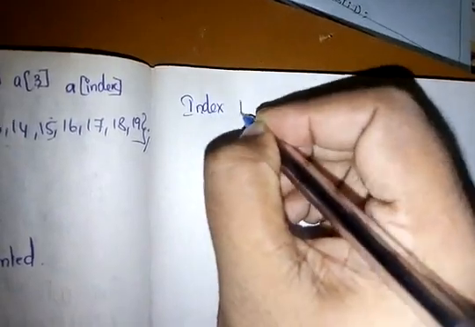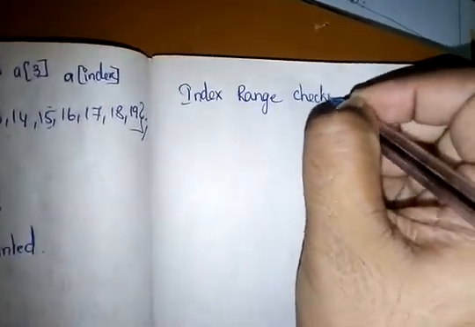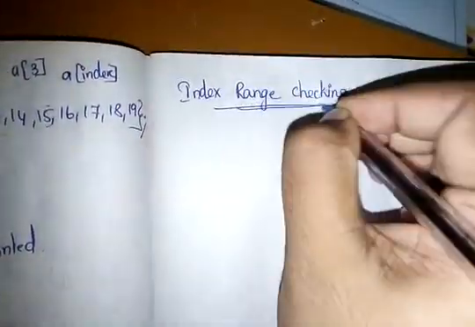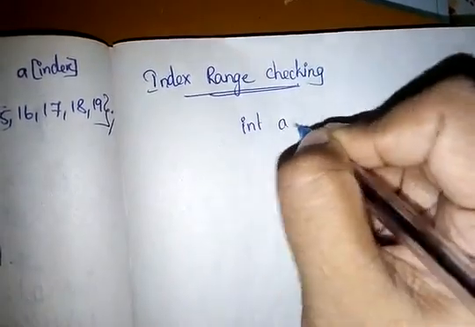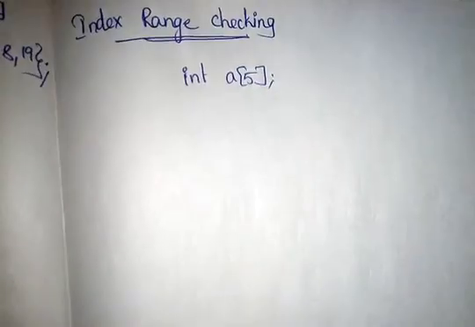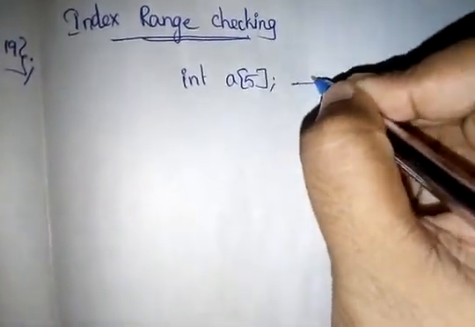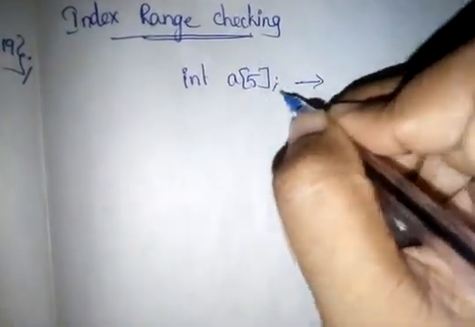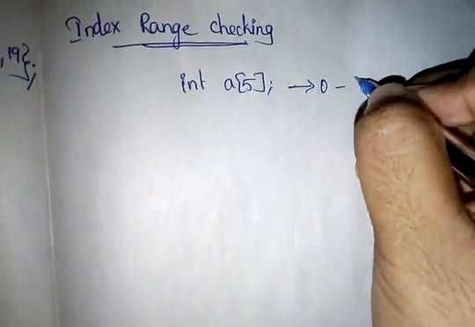Next topic we have is index range checking. So as soon as we declare an array, we need to consider its index range, that is 0 to 4.